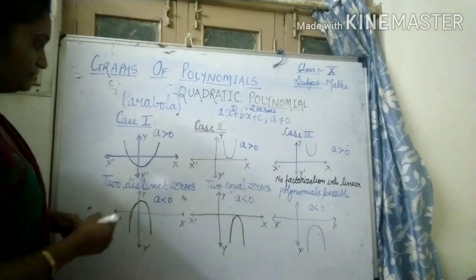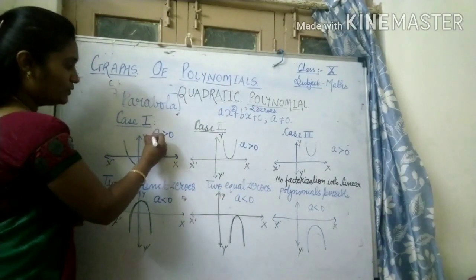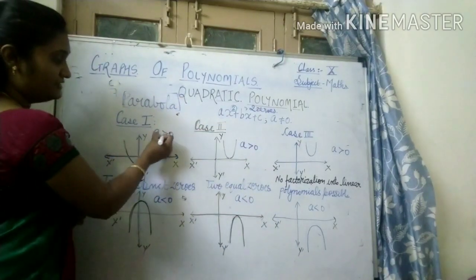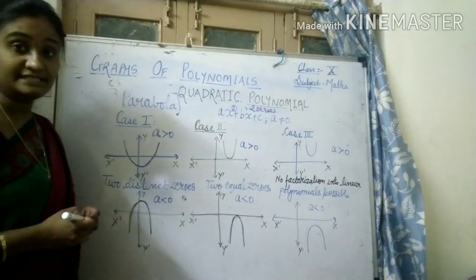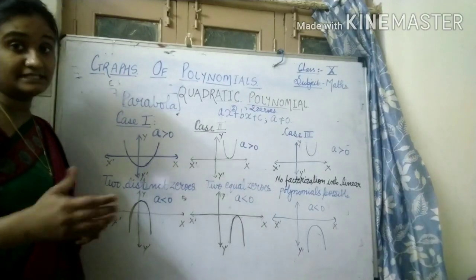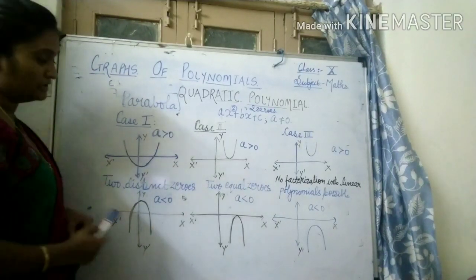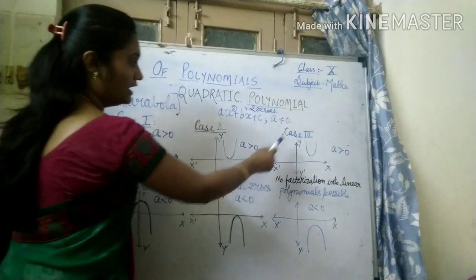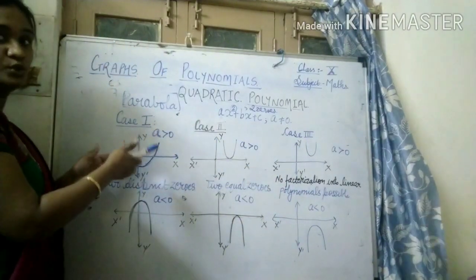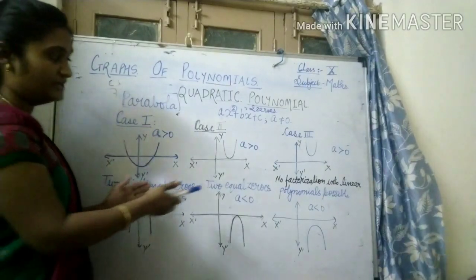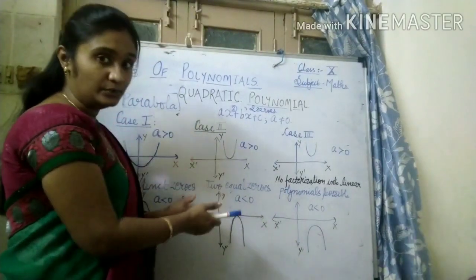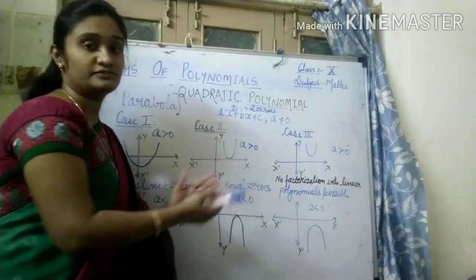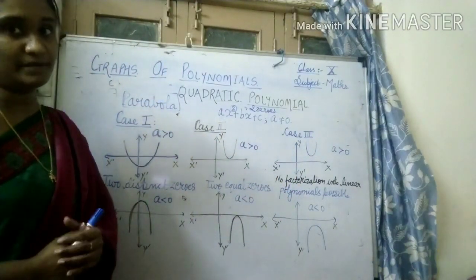So remember one thing. If the leading coefficient a, meaning the coefficient of x square, is positive, greater than 0, always remember you are going to get an upward parabola. Whether you are going to have 2 different roots, 2 equal roots, or whether you are not able to get any roots for the quadratic polynomial, always remember one thing.